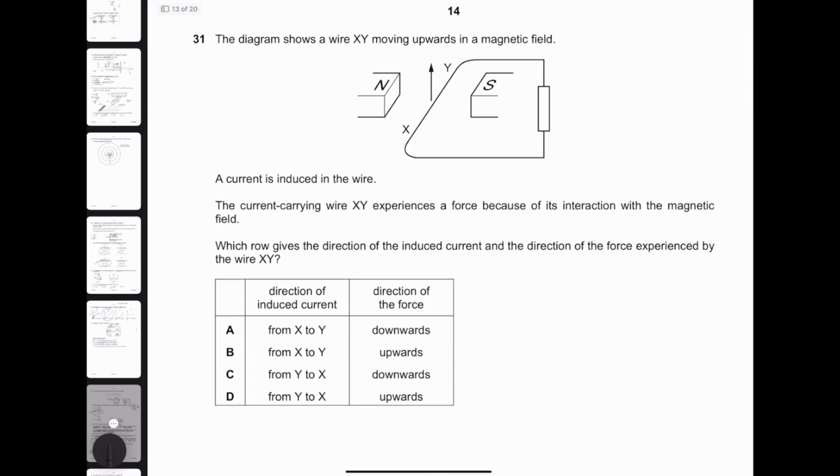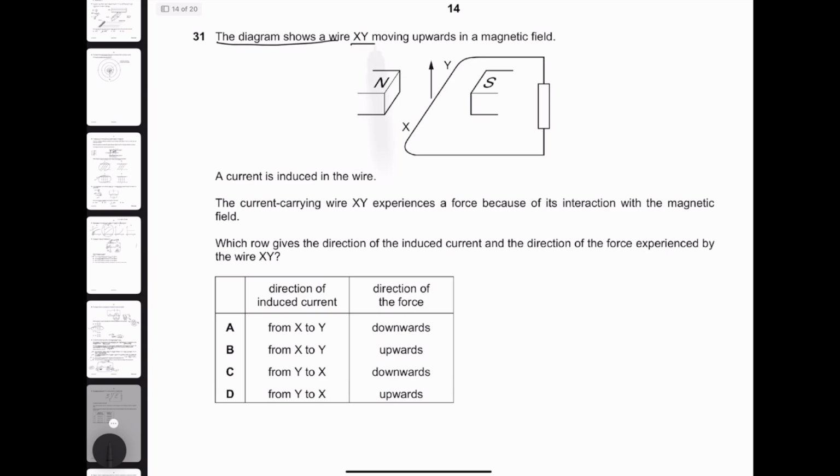Now, the diagram shows a wire XY moving upwards in a magnetic field. The current is induced in the wire. All right. The wire carrying current XY experiences a force because of its interaction with the magnetic field.